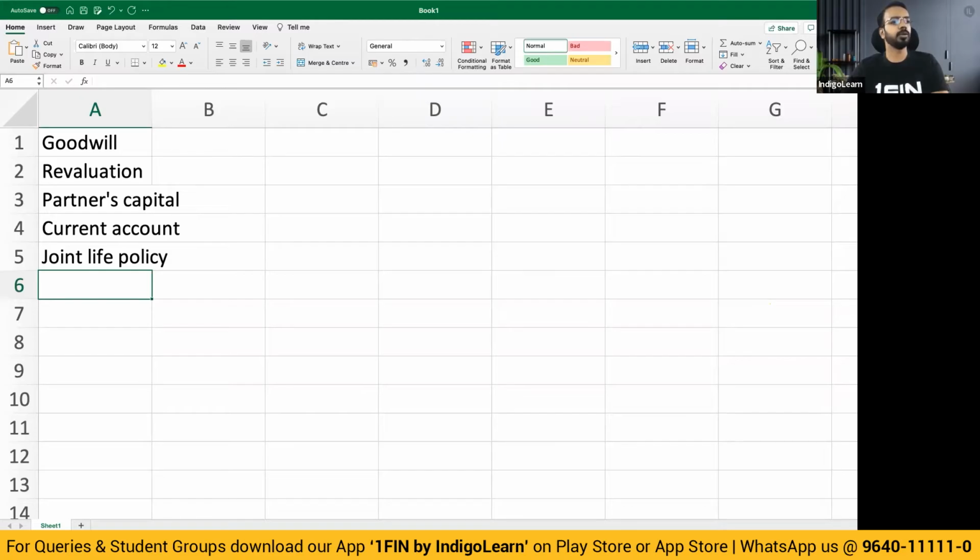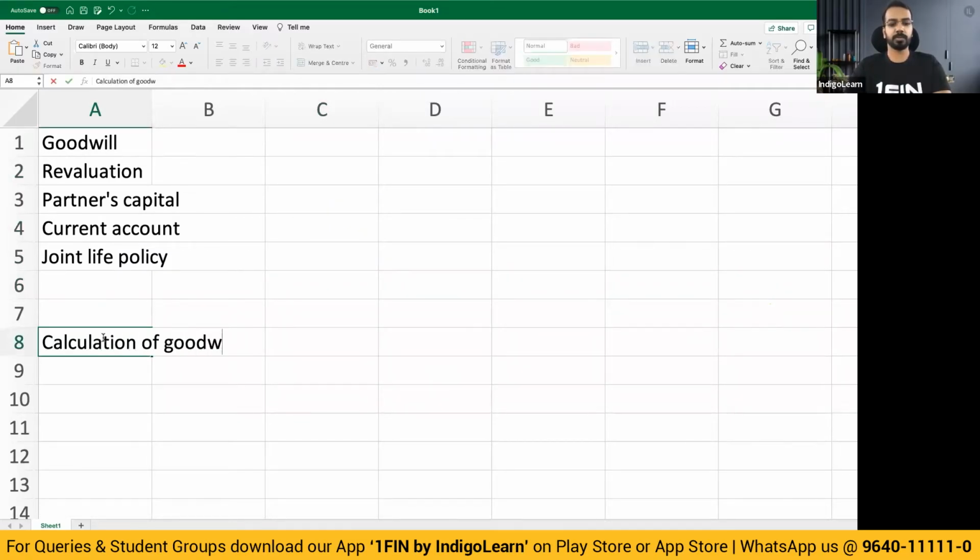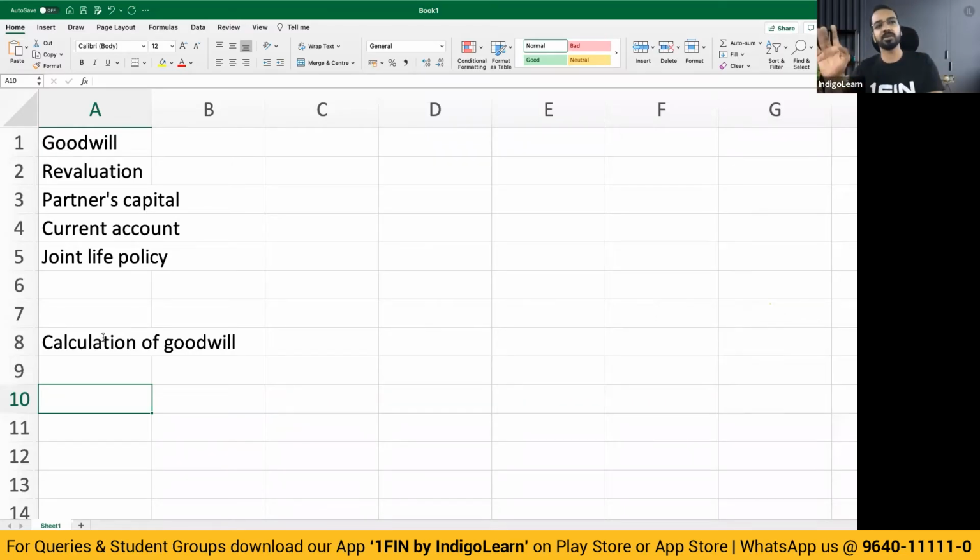Okay, so here the first thing we'll prepare is the goodwill part, calculation of goodwill. Now what does the question say? The question says take profit before interest, charge interest on fixed capital, and we have to do adjustments for abnormal items, and there was one item of insurance which was not considered, that we have to consider.